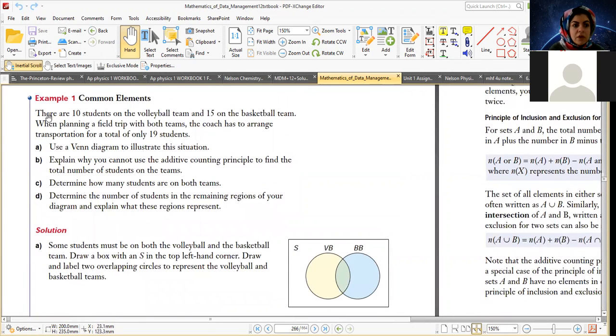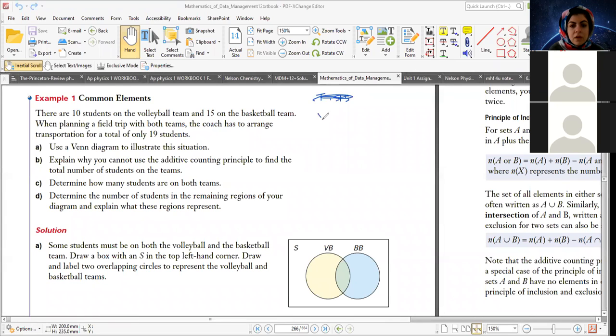There are 10 students on the volleyball team, 15 on the basketball team. Maybe I'll just write it down. On the volleyball team, we have 10 students.